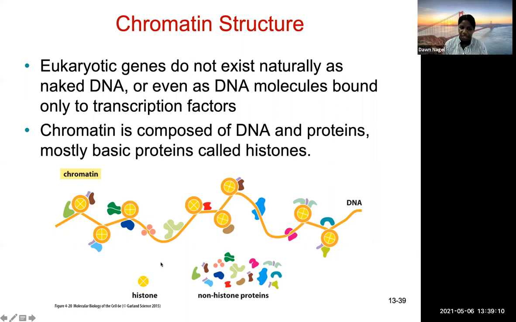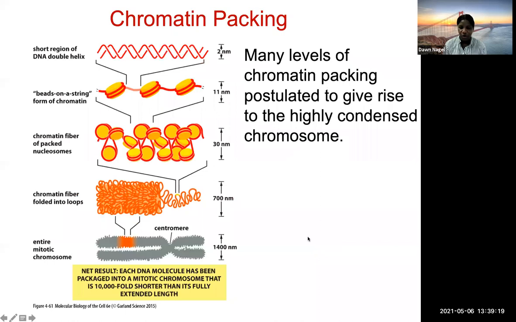The main players are histone proteins, but you also have additional non-histone proteins that help with this compaction, okay? Depending on the level of chromatin compaction we're looking at, you can have many different stages. This is the stage it needs to get to before you can go through mitosis, right? So it needs to be compacted really, really significantly.